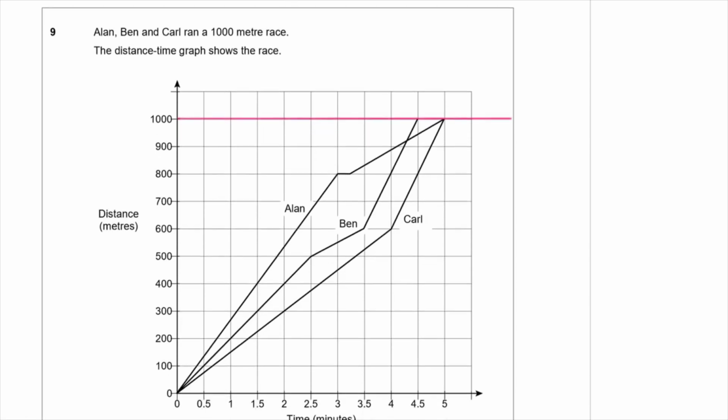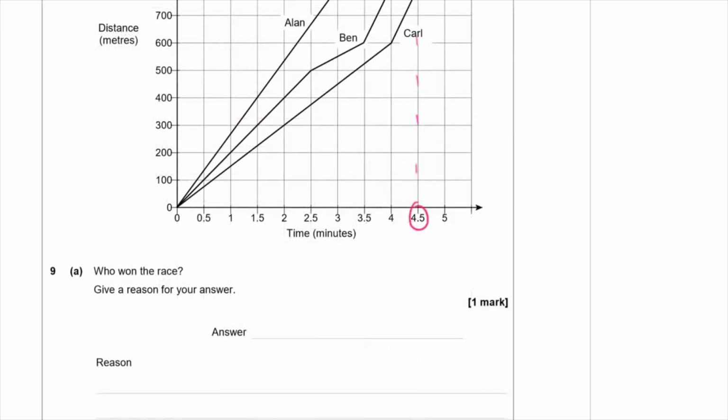So you can see that Ben reaches it here, and then Alan and Carl reach it at the same time here. So the person who gets there first is Ben. He gets there at this point here at 4.5 minutes. So who won the race? Ben. So Ben won the race. Why?